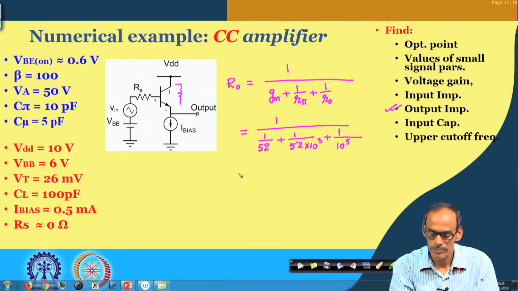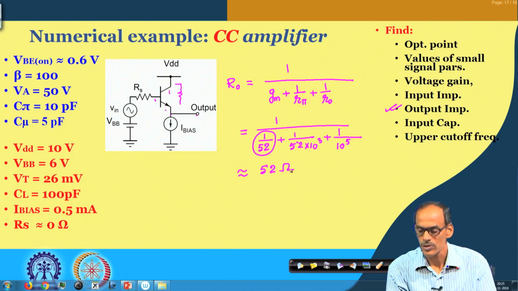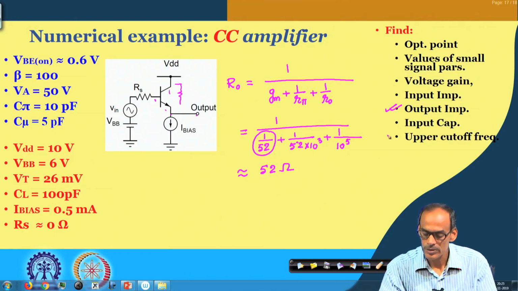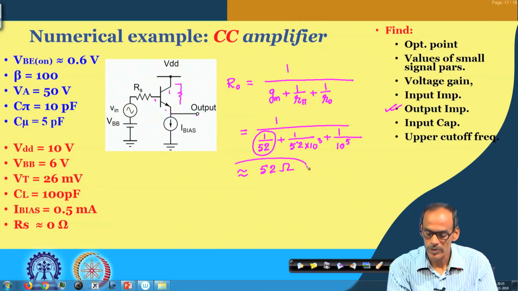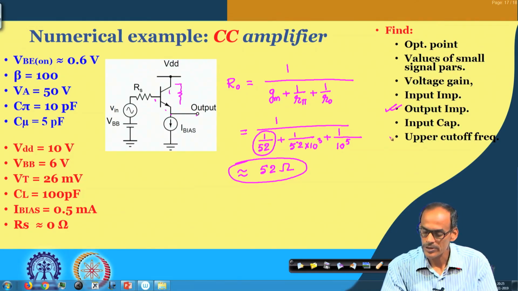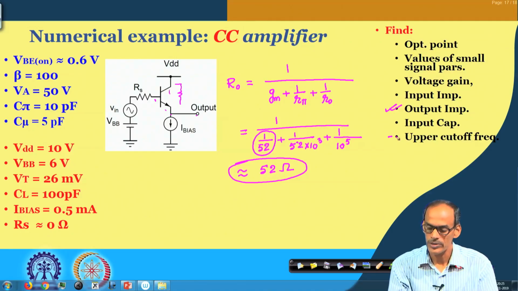Again this can be well approximated by the first term. So, that gives us 52 ohms. That is the output impedance. You can remember this one for calculating the upper cutoff frequency. We will be coming back to that.